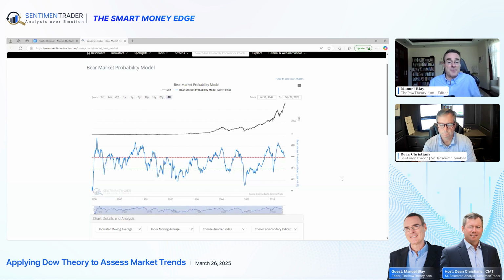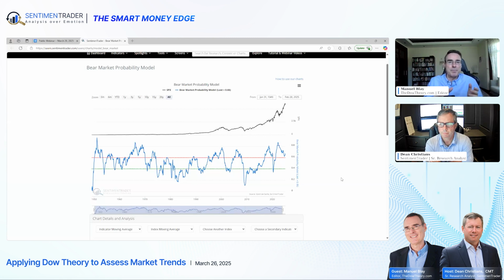While it's not intended for market timing, when you couple this bear market probability model with a TCMT model or with insider buying velocity, you get the big picture. This is why I highlighted these 5 SentimenTrader indicators, because it's not just one alone.